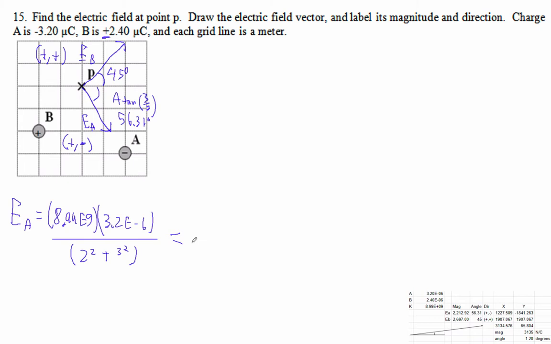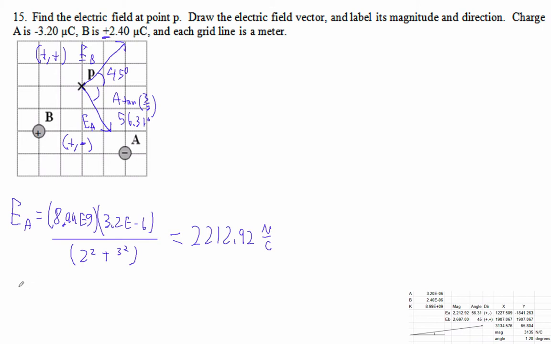Okay, I'm using a fraction. If you don't use a fraction, these parentheses are obligatory. All right, here we go. What do we have? 2212.92. That's my magnitude. Okay, and that is down and right at this angle here.